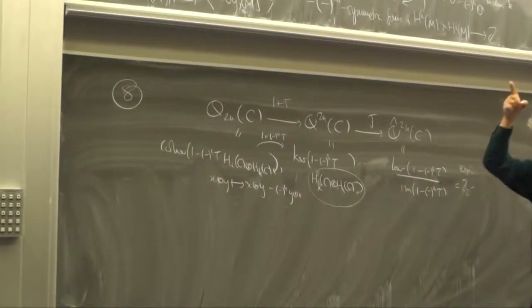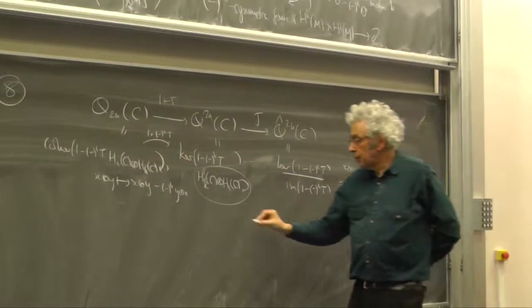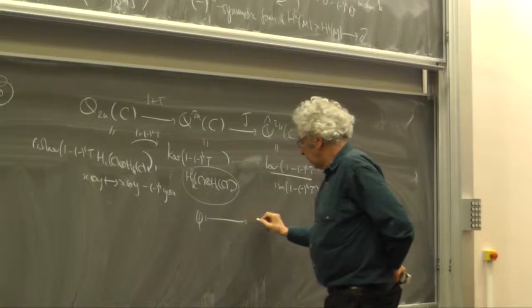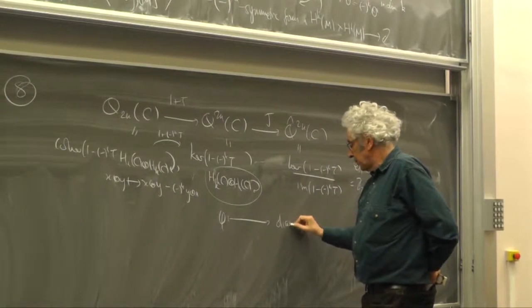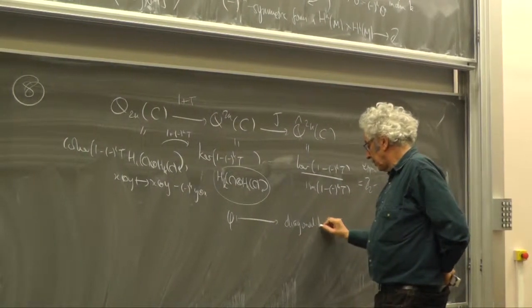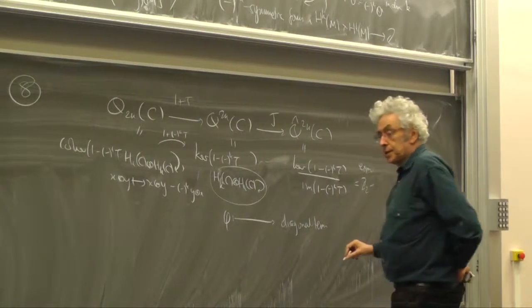This part, we only look at the diagonal terms. So phi goes to the diagonal terms of phi. And that's what the Wu classes are.